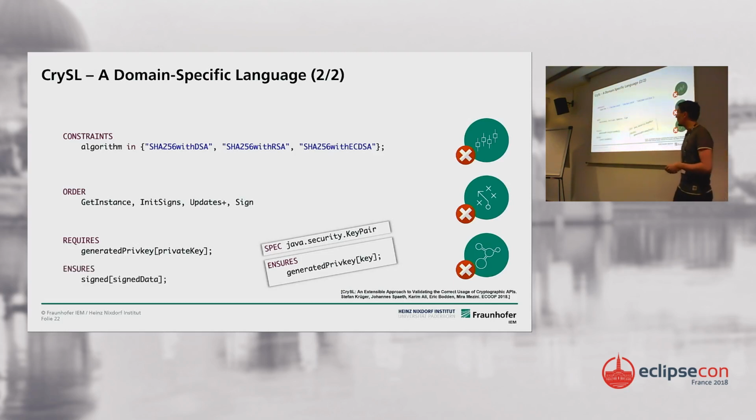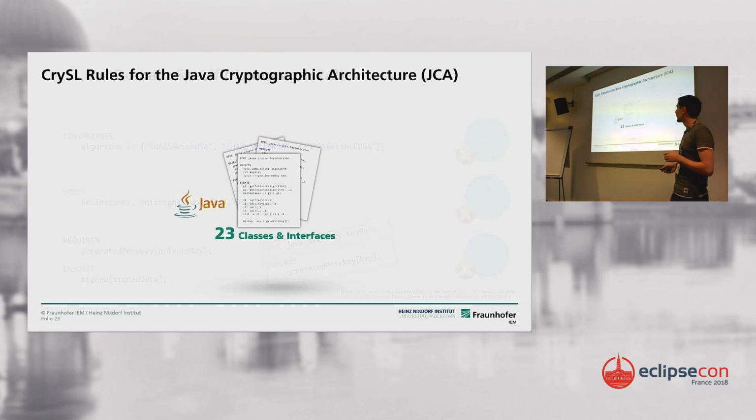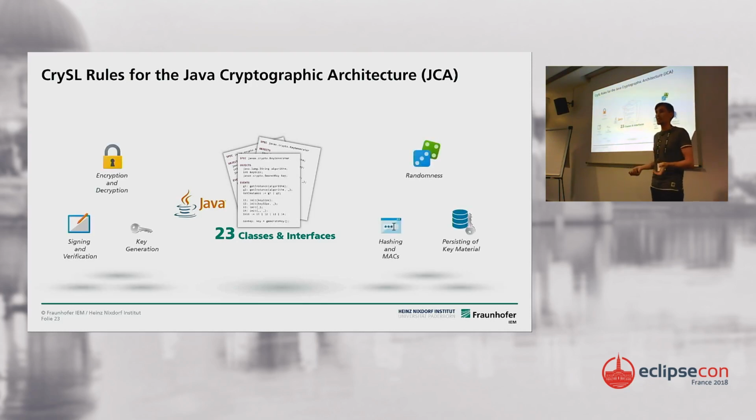So that was the specification for the CrySL language, and we specified a total of 23 classes of the Java Cryptographic Architecture, the JCA, which is the main API for crypto, included in the Java runtime. We specified these 23 classes in a way that covers most of the parts you generally require when you do cryptographic tasks.